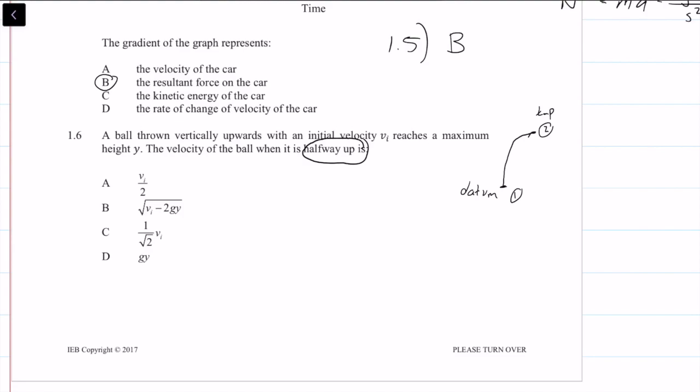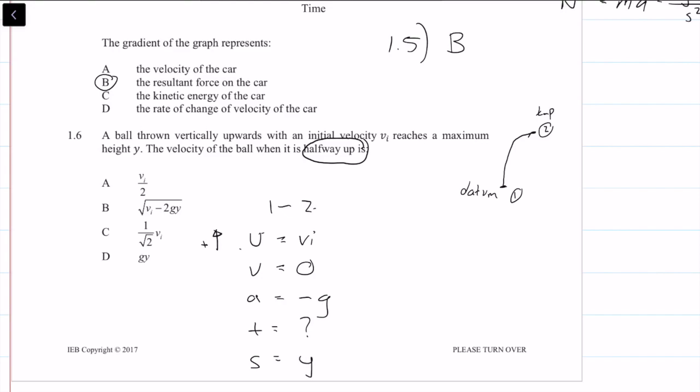So for 1 to 2, the UVATS: our initial velocity is vi, our final velocity at the top is 0, the acceleration is minus g, taking upwards as positive, the time is unknown, and the distance s is equal to y.